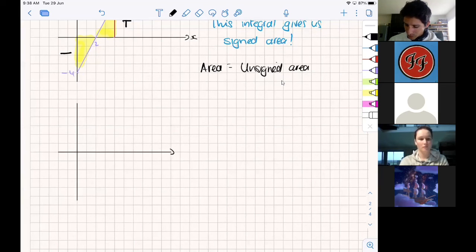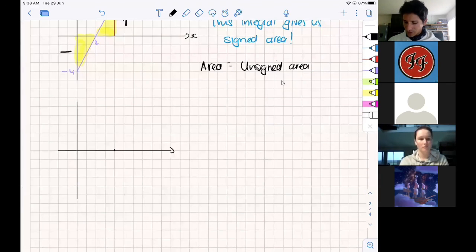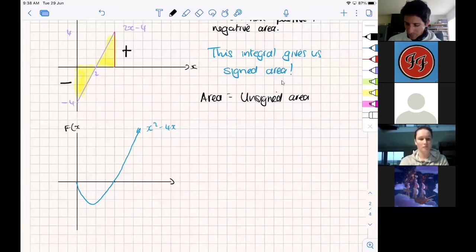We have between 0 and 4, it's a happy parabola, so it's going to have x-intercepts of 0 and 4, and it's going to look something like this. This is x squared minus 4x. If this was the gradient function, this is the primitive function. In other words, this is the displacement function.